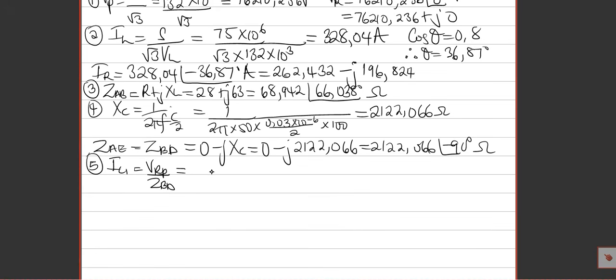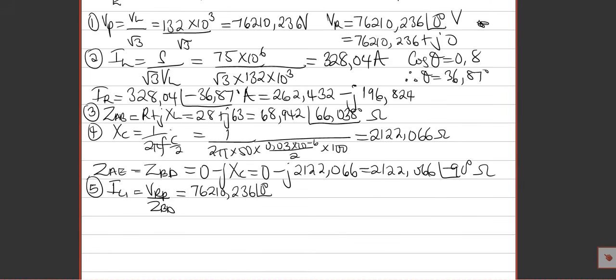Our VR phase we found is 76210,236 at the angle of 0. We divide by our ZBD, which is 22,066 at the angle of minus 90.